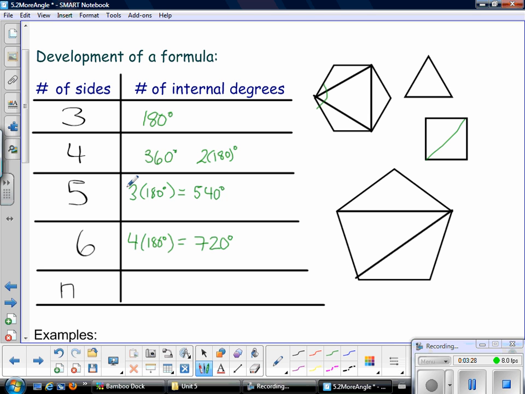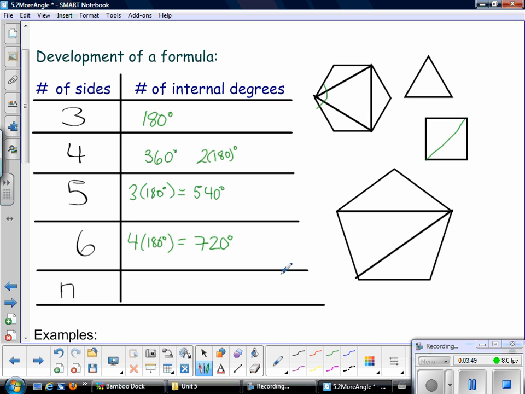That was 360. When it was five sides, it was 3 times 180. When it was six sides, it was 4 times 180. So what did we do each time? Well, it looks like we took the number of sides, subtracted 2, and multiplied by 180.